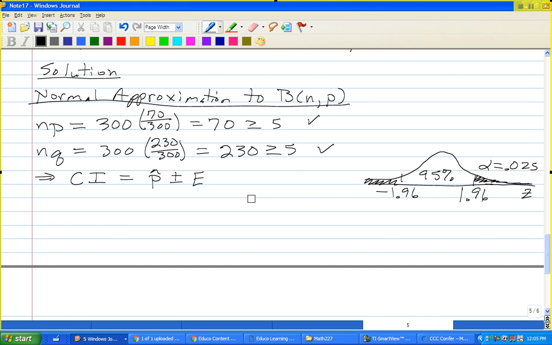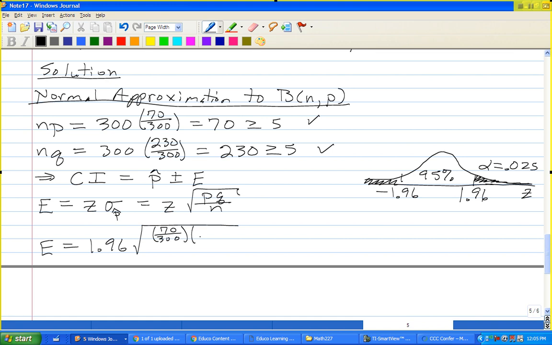Okay, so I have that the error is equal to, well, since the normal approximation is applicable, z times the standard error for the sampling distribution of sample proportions, which will just have the form square root of PQ over N. So my error is equal to Z, 1.96, times the square root of P. Again, I don't have P, but I do have a sample proportion. 70 over 300 are successes.